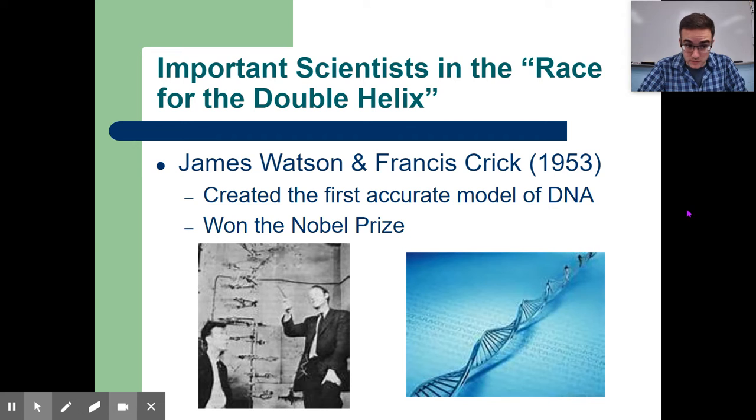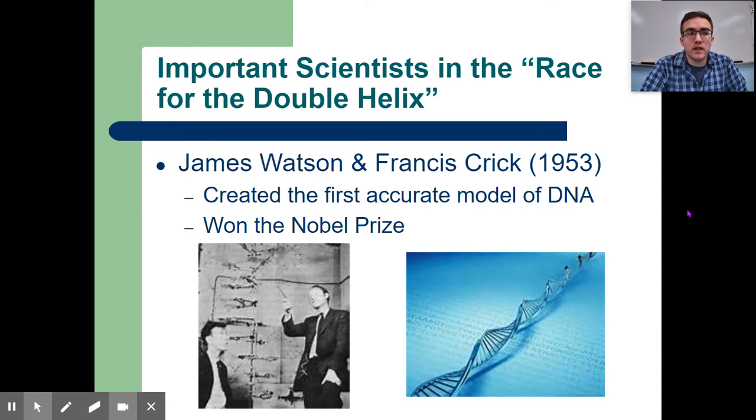Watson and Crick are credited with discovering the structure of DNA, right? Two important notes there. One, with the structure, they did not discover DNA. They're credited with the discovery of the structure of DNA. They didn't find DNA, they just found the structure of it.